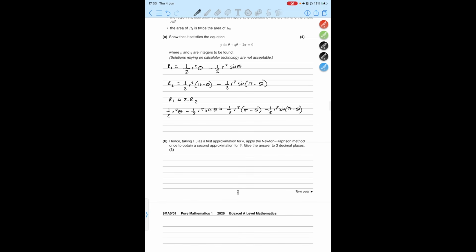Okay, so, sorry, I forgot the 2 here. What I'm going to do here is get rid of the r squareds and the halves. So it's going to become theta minus sine theta equals 2 pi minus theta minus sine pi minus theta.